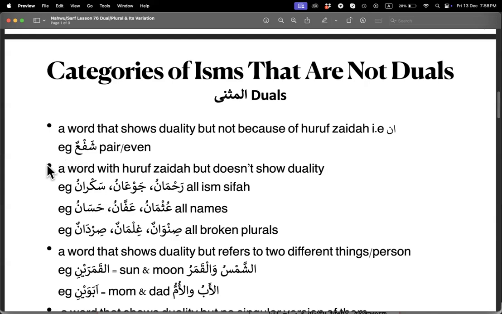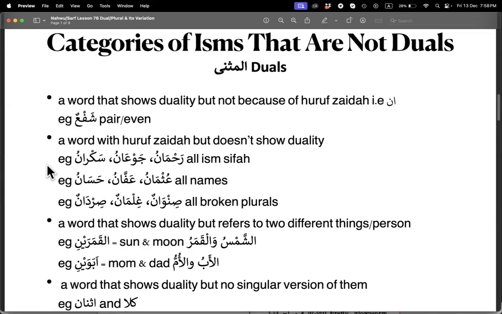And then you have a word with huruf zaidah, alif nun at the end, but it doesn't show duality. So all your ism sifah basically, Rahman, Jawan, Sakron, all this is not dual, alif nun at the end. Of course, because it's not ani, it's Rahmanu, Rahmana.